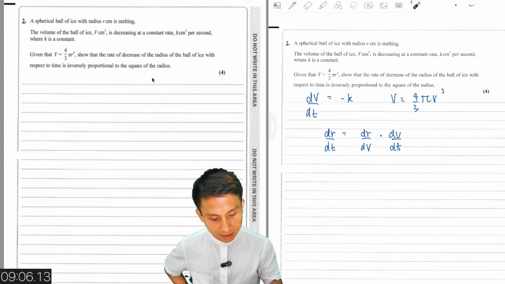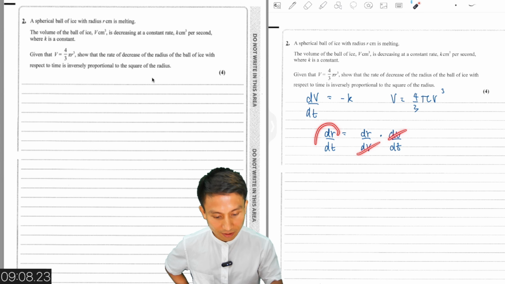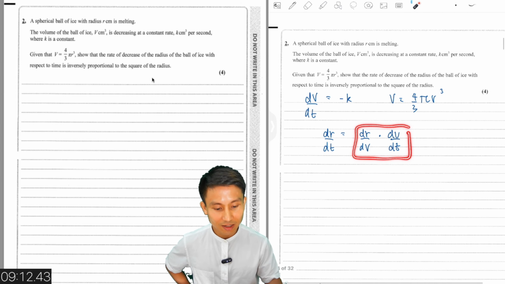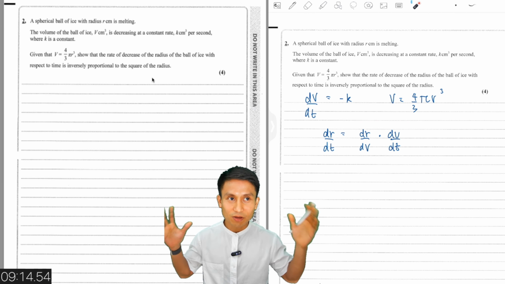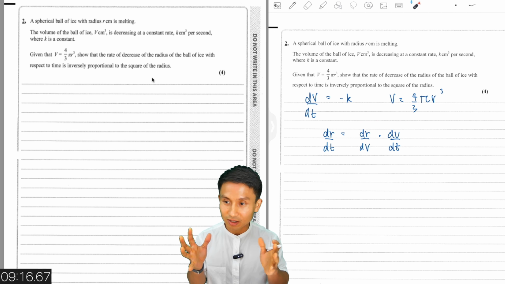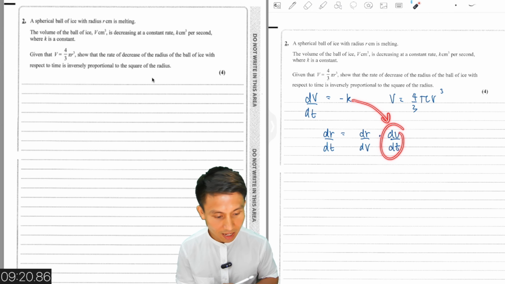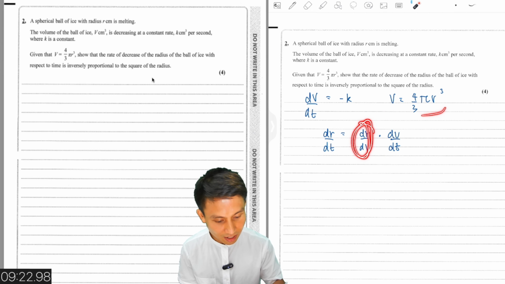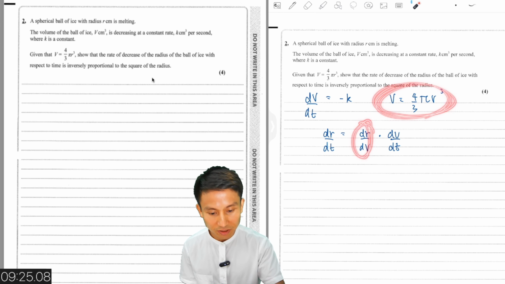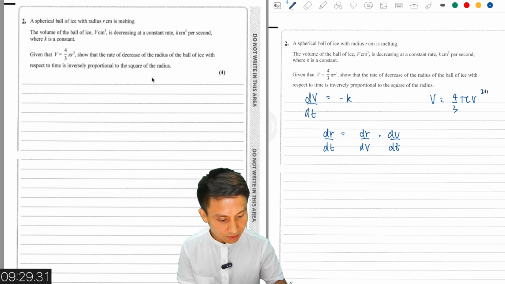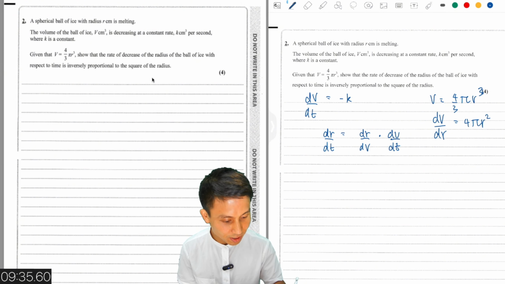So basically you could cut out the dv to get back to dr by dt, but the point here is that we want to bring v, t, and r into the same equation. This dv by dt is already told to be k, and this is just obtained by differentiating. So here dv by dr is just 4 pi r squared.